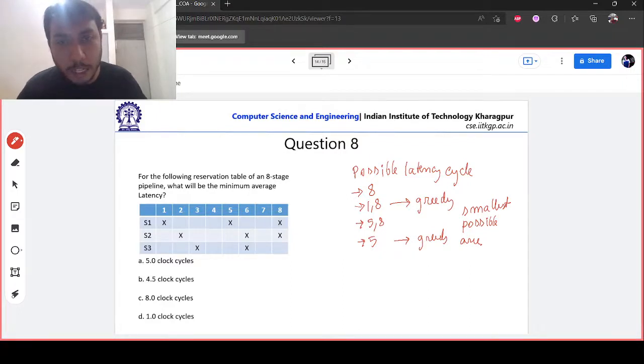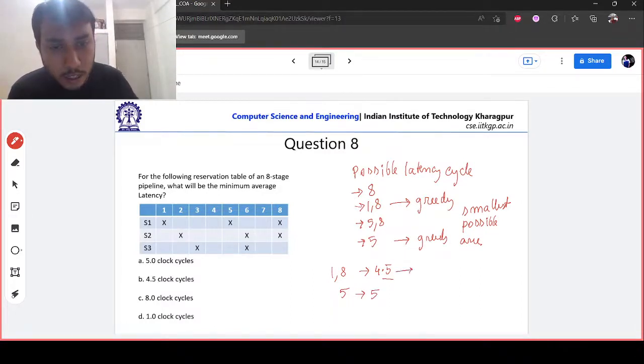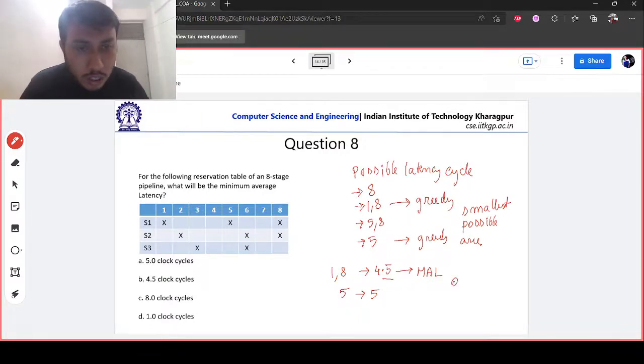What is the average latency for this cycle? For 1 and 8 it is 4.5, and for 5 the average latency is 5. So the minimum average latency is this, right? So the correct answer is option B.